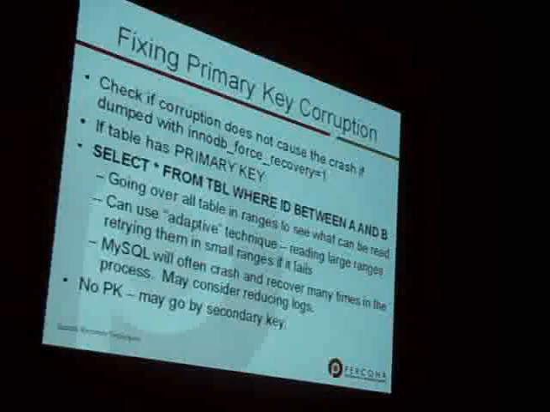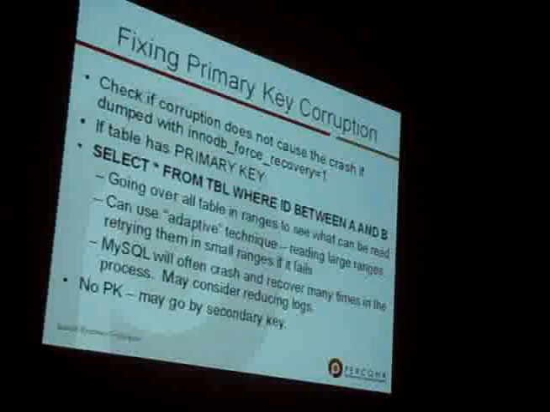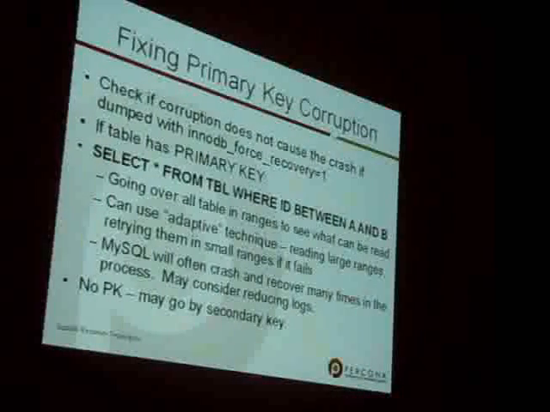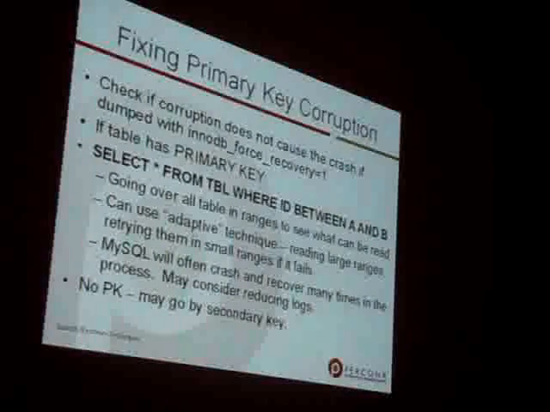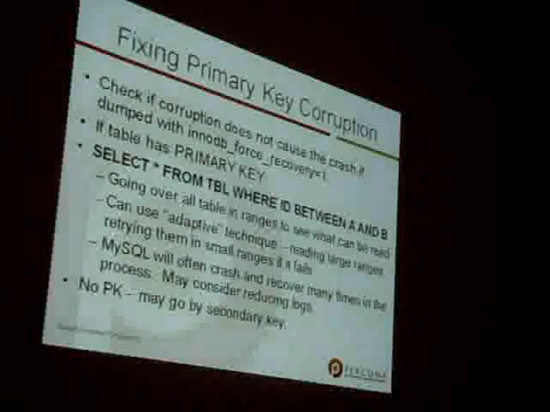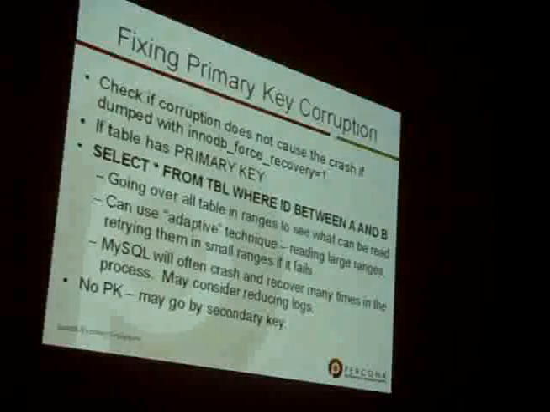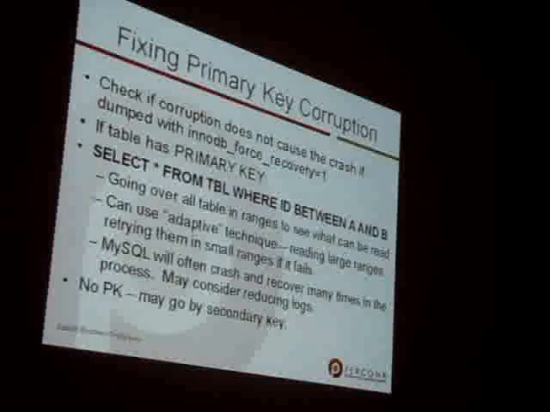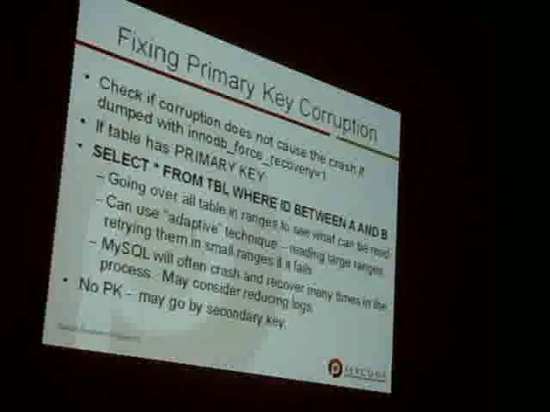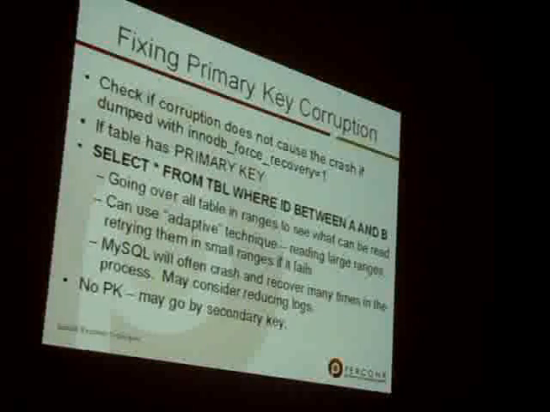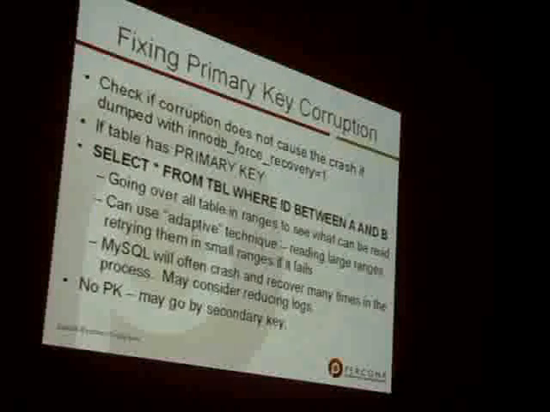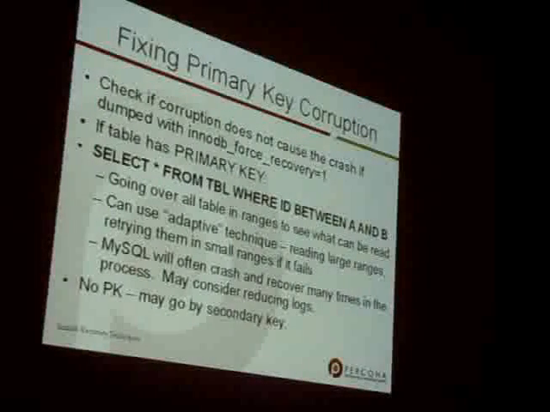Now, if it's primary key corruption, then it's possible you will simply be able to dump your table, using innodb_force_recovery 1. InnoDB may complain the page is corrupted, and it may skip certain rows from that table, and you will be good. But most likely, if a page is corrupted, InnoDB will run into some assertion failure or some crash later on.